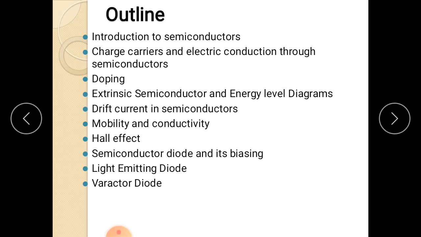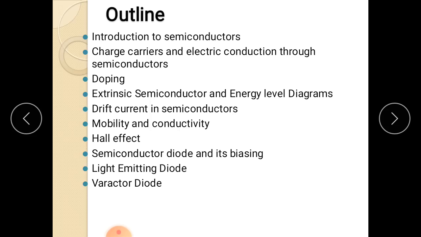These are the outlines for the topics which we will study in this unit. First one is Introduction to Semiconductor. As the name of the unit is Solid State Electronic Devices, and we know 99% of solid state electronic devices are made up of semiconducting materials.